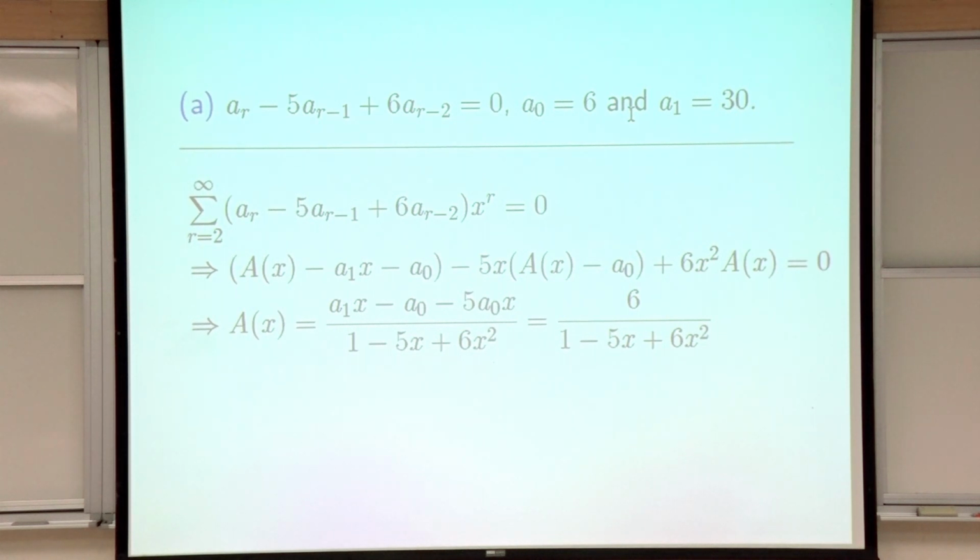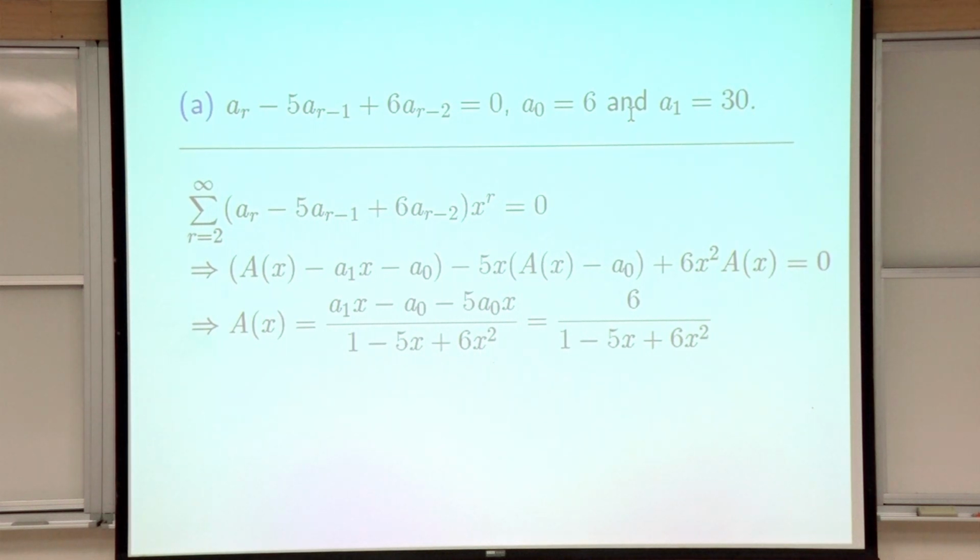And for the second part, we have 5. First, we take x out. We get x times a_(r-1) times x to the power r minus 1. So we get A(x) minus a_0.